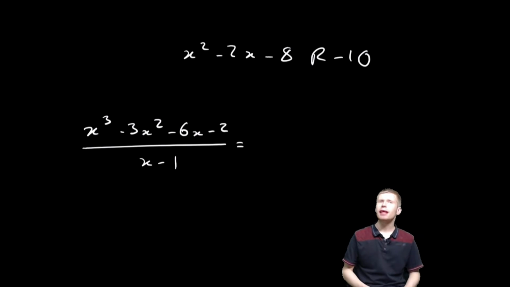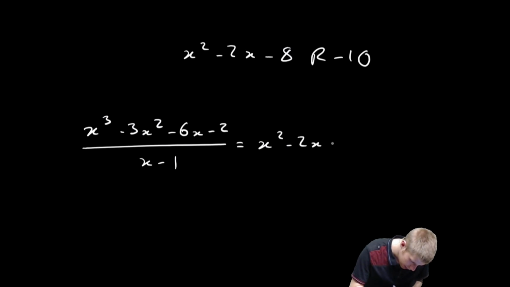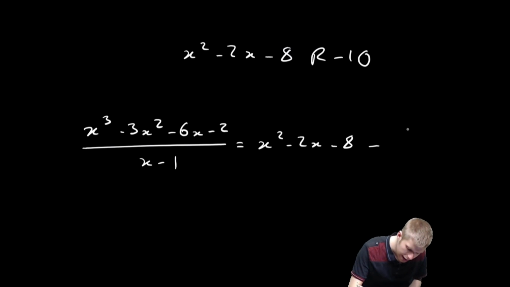And I've just said that that is all equal to x squared minus 2x minus 8, and then I've got a remainder of minus 10. So the way I can write that is minus 10 out of my x minus 1.